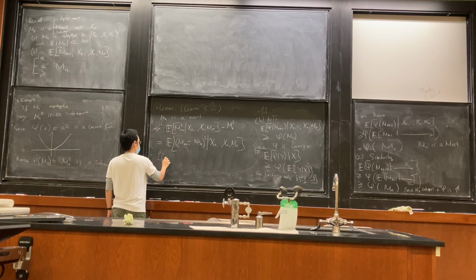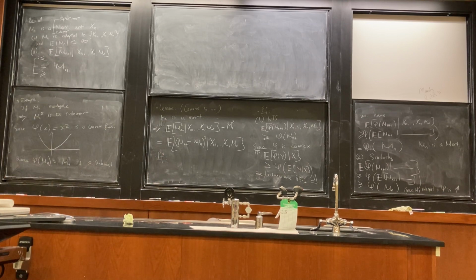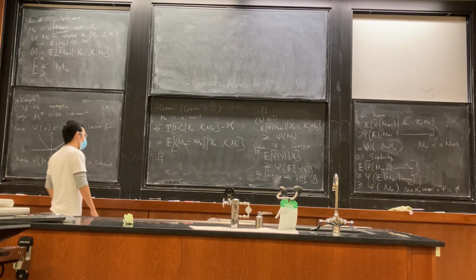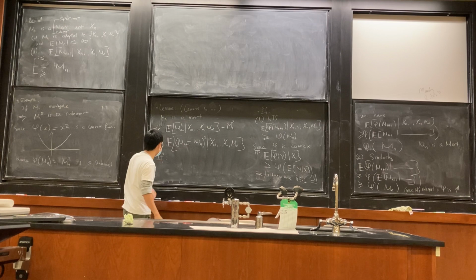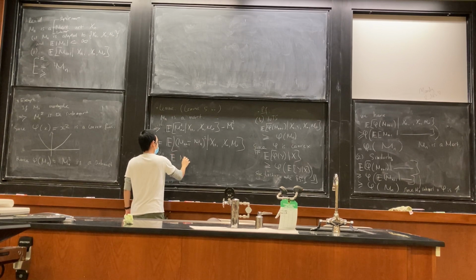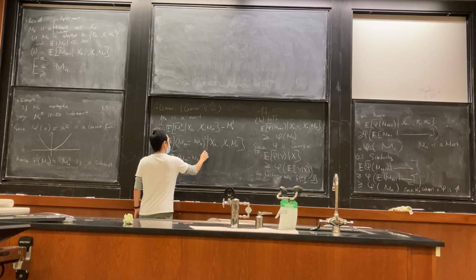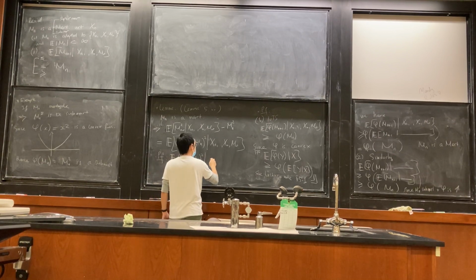So the proof is, I will start with the right hand side. Starting from the right hand side, the square will be expanded using the quadratic formula. So we have the expected value of Mn plus 1 minus Mn squared, conditioned on the past. Let me give a name here, I don't want to write everything all over.